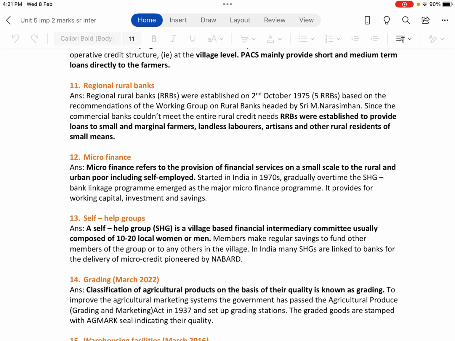All the poor people, like small and marginal farmers, landless laborers, artisans, and all the other rural residents of small means, whoever requires a loan, are provided with loans by the RRBs. Initially, on 2nd October 1975, 5 RRBs were established in our country, and currently I think we have around 43 or 45 RRBs in our country.